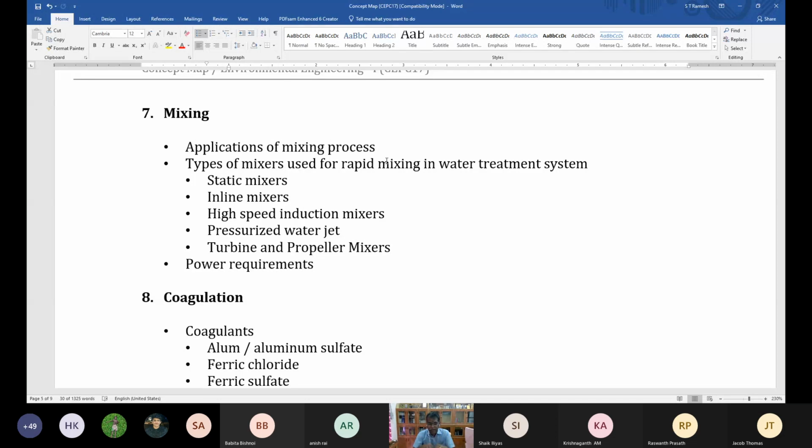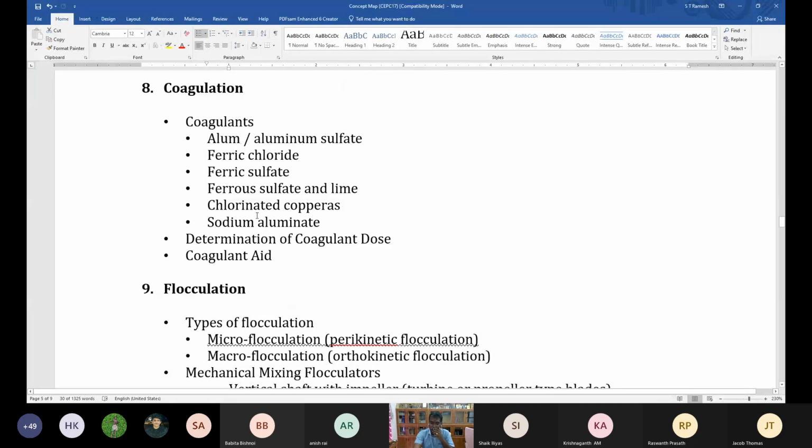Mixing is where you add the coagulants and mix them thoroughly with the water, or you disperse the chemicals you use for the removal of hardness, for example lime and soda ash. And for the removal of colloidal matter, you may also add coagulants. How to disperse the chemicals into the water by typical mixing mechanisms, that we will be discussing in detail. The first process, mixing, and the different types of mixers in a water treatment system.